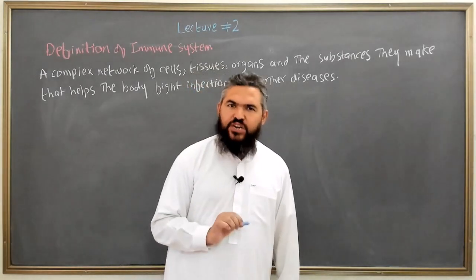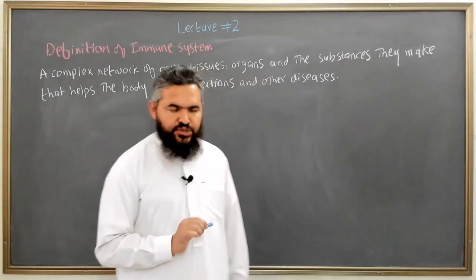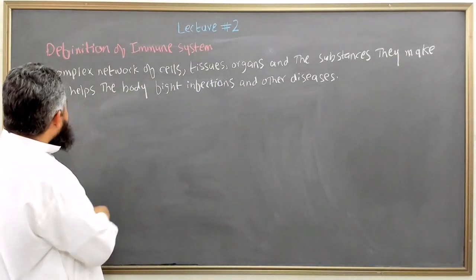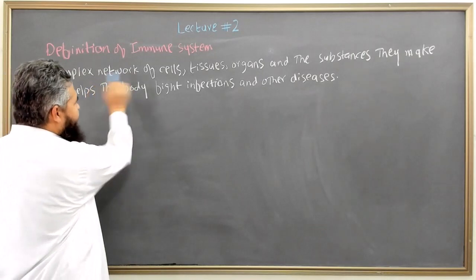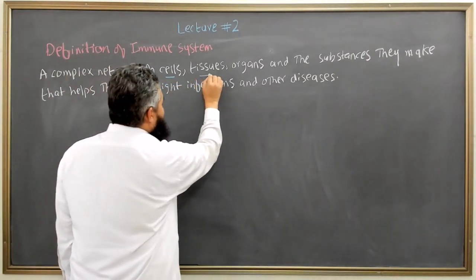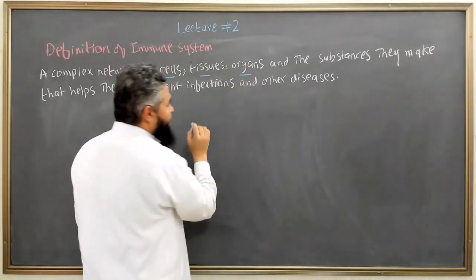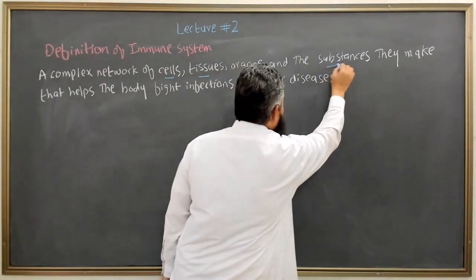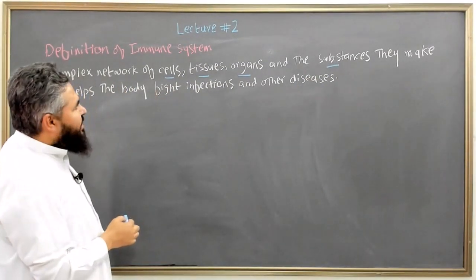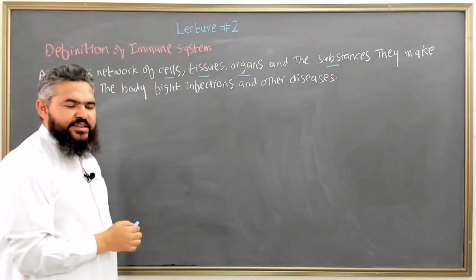So we are going to start with the definition of the immune system. This is actually a very complex network that includes the cells, the tissues, the organs, and the substances that these cells, tissues, and organs make that help the body fight infections and other diseases.